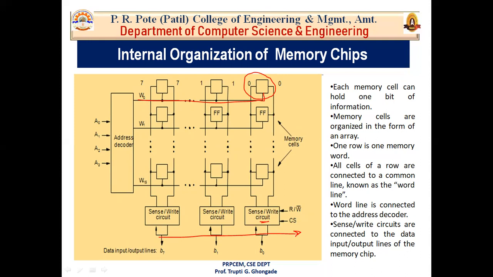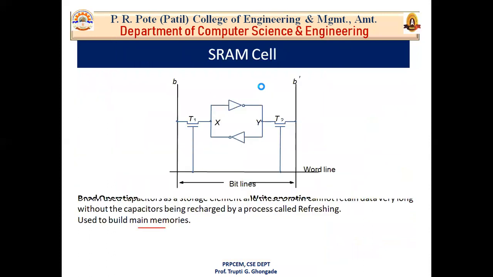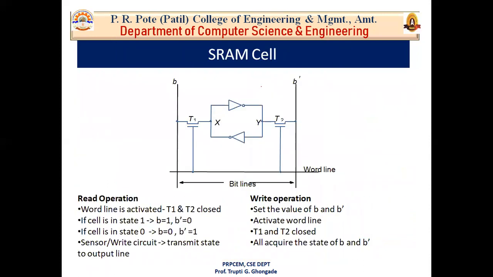Now I am going to talk about a single memory cell in static RAM. You are getting my point: there are multiple memory cells, but here we are talking about each individual cell.